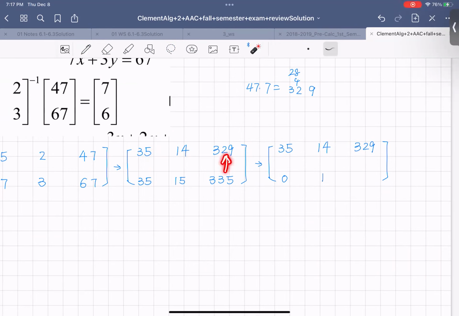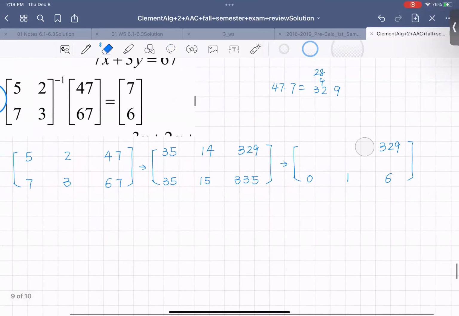This minus this becomes? How much? 6. And then we will change this first row back to the original number. We don't want to carry on so big a number. So far, so good.